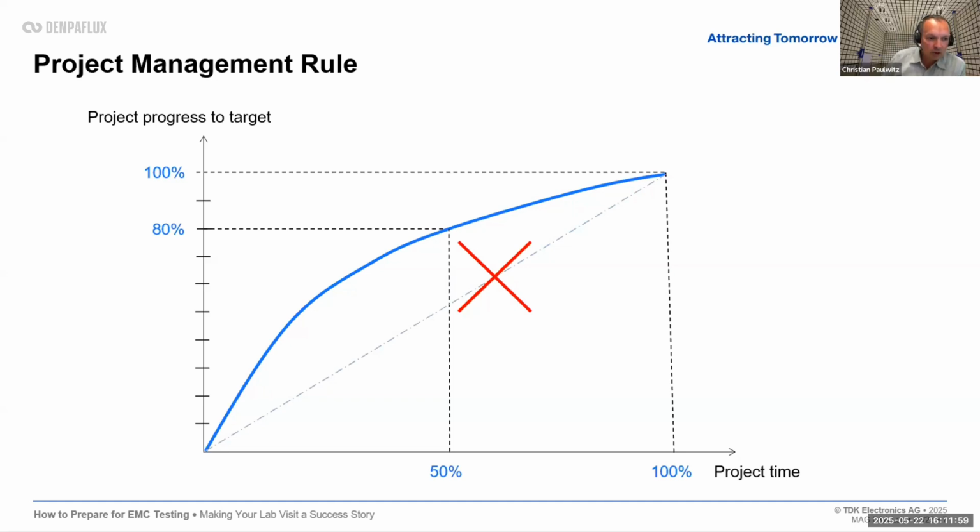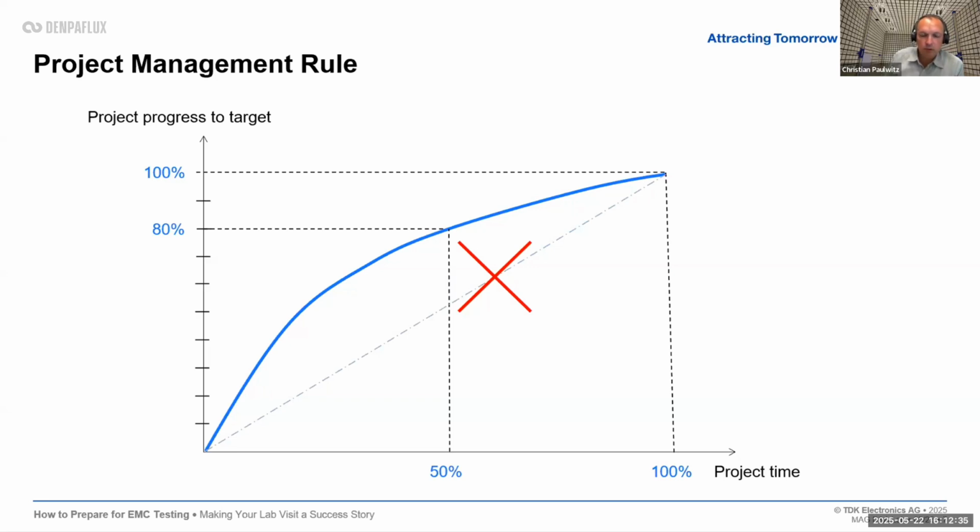And as a human, you might think in a linear way, so you go your way step by step, and when you have passed 50% of the way, you should have passed it in half of the time. And for a project you manage, if you go like that, you will fail nearly for sure.